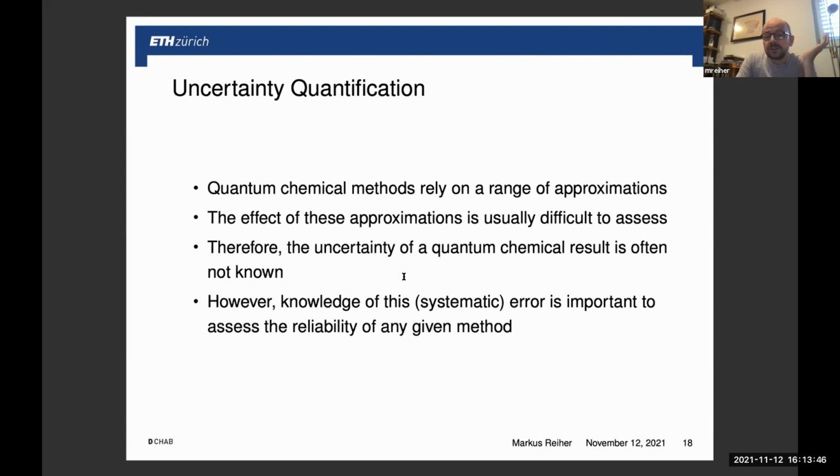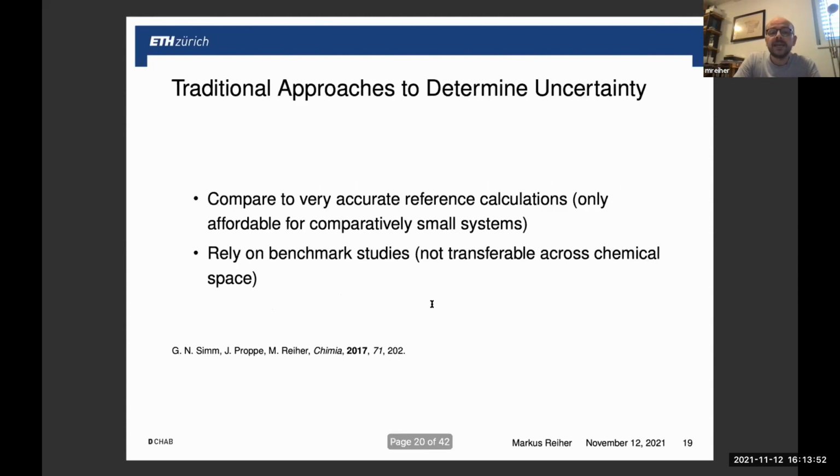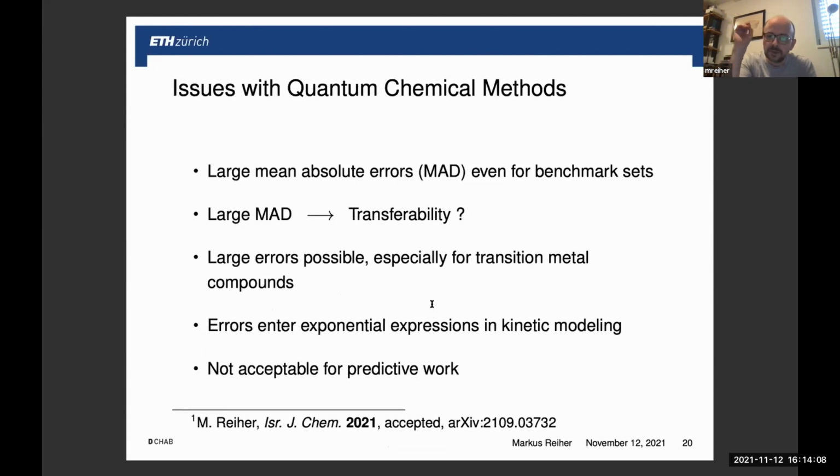But the problem, of course, is that for a specific quantum chemical result, the uncertainty usually you don't know, right? And so what you typically do, and this is not what I'm advocating here, is you compare to accurate reference calculations for a few systems for which you can do these calculations, and you rely on benchmark studies. But the key issue here is that transferability is not at all guaranteed to your specific system, right?